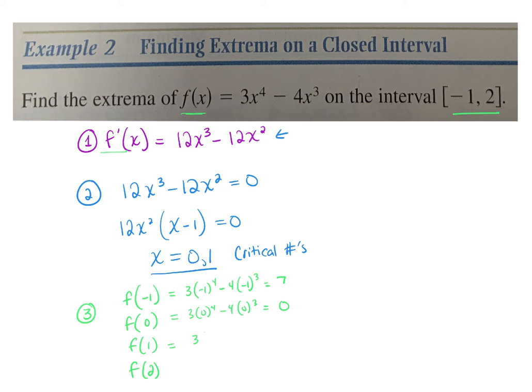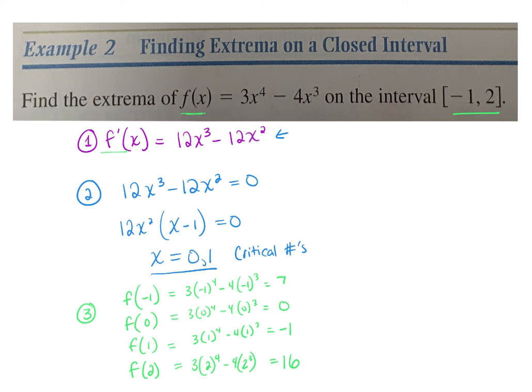Plug in the next guy. 3 times 1 to the 4th minus 4 times 1 cubed. That's going to give me -1, right? Plug in a 2. This guy is going to be a little bit bigger. We actually end up with 16 here because you end up with 8 times 2 if you factor out the 2 cubed, by the way, so we get 16.